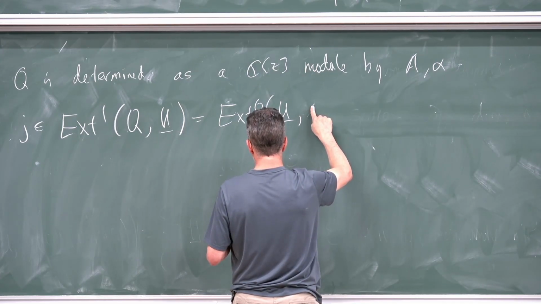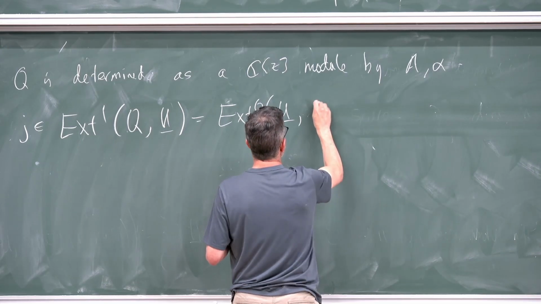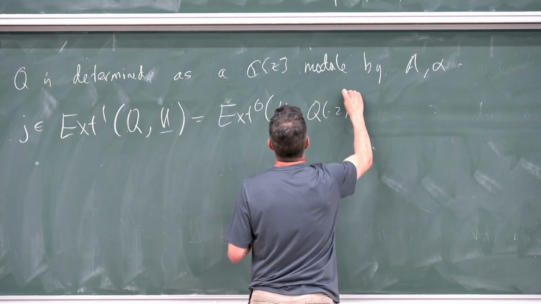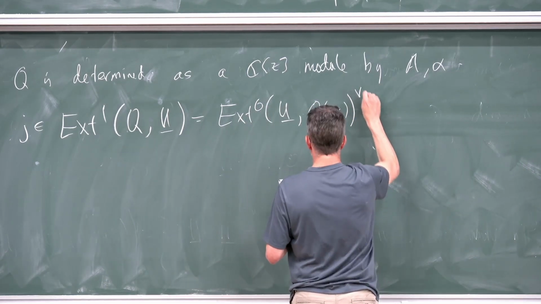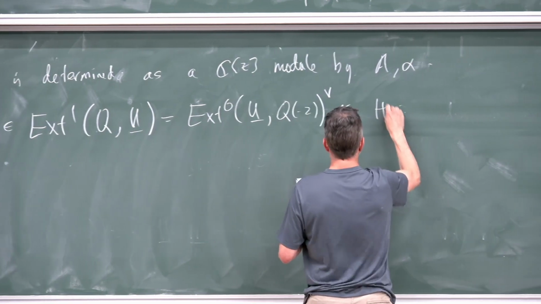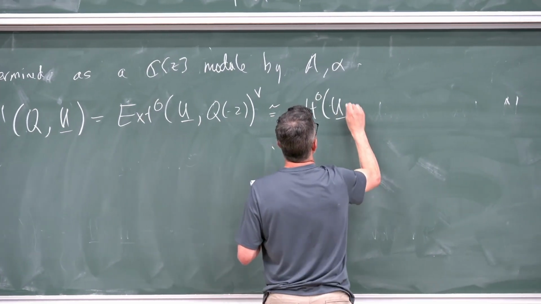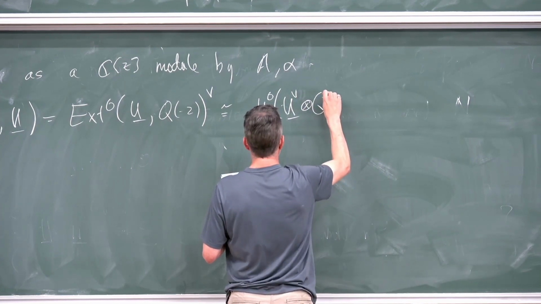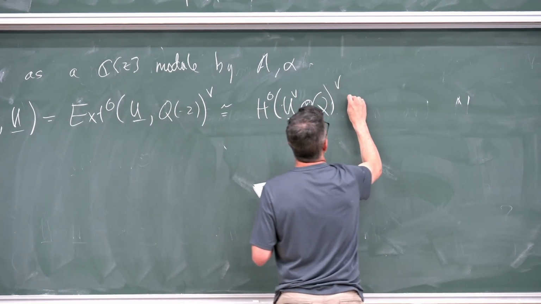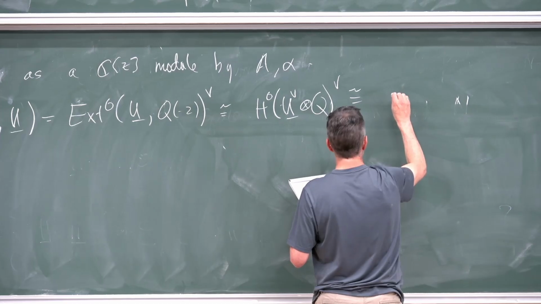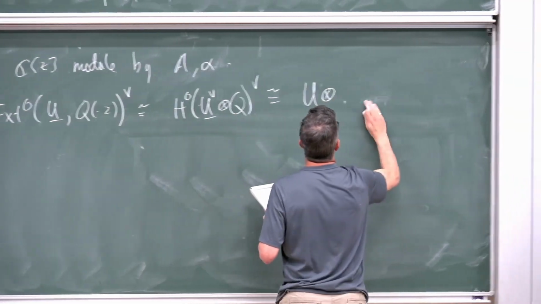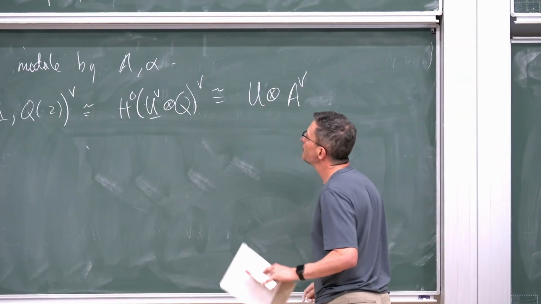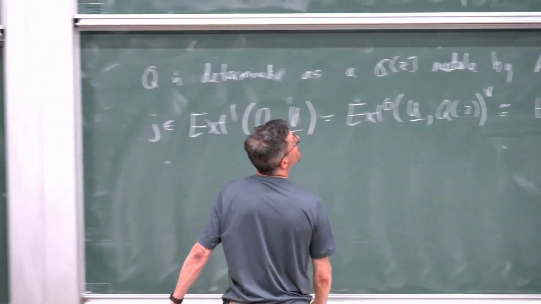This guy is Ext^1 of Q, which is the same as H0 of U dual tensor Q dual, these are all isomorphic, to U tensor A dual, right? Because did I say this?